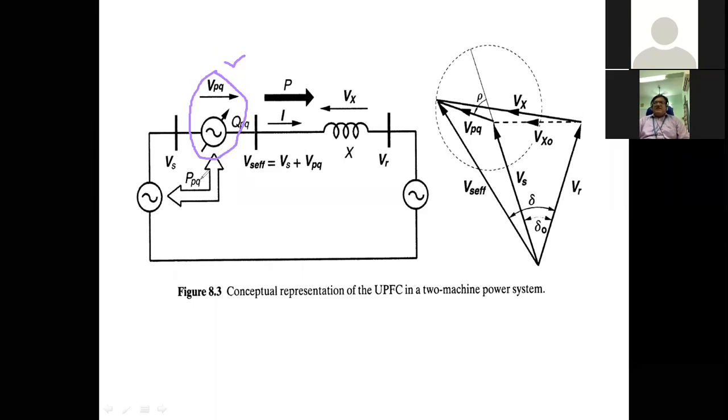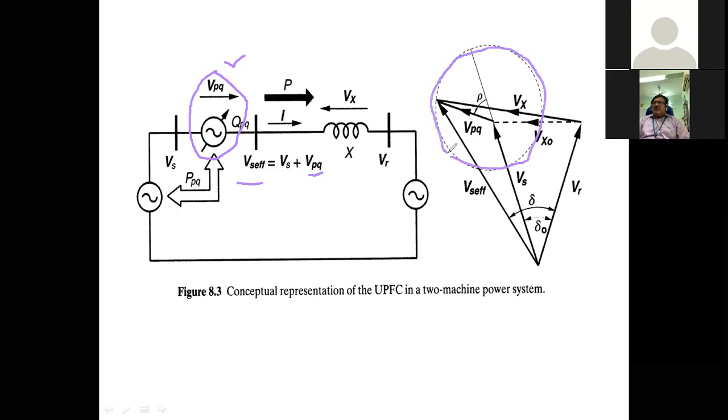things are similar. Then in this UPFC, mainly the series converter will inject a voltage, that is VPQ, which is in series with the transmission line, so that the effective voltage at this one, that is sending end, becomes Vs plus VPQ, and this voltage is controlled in the entire region.